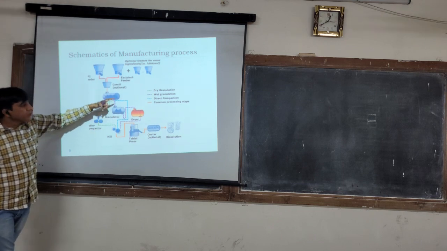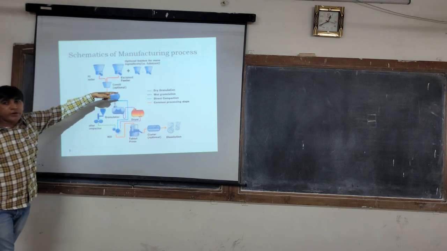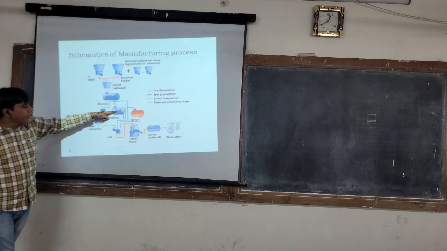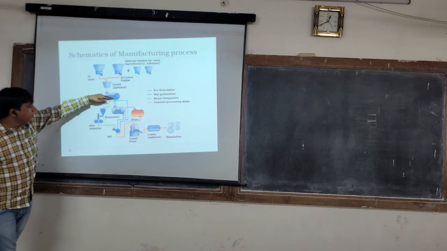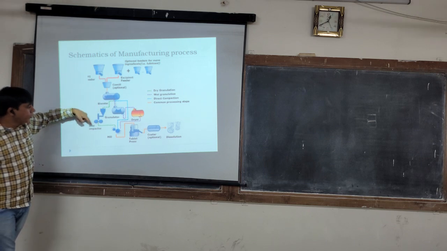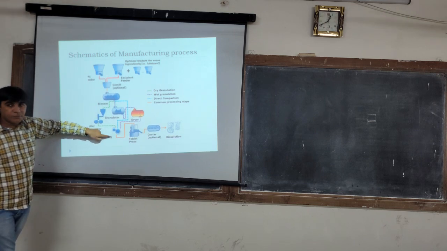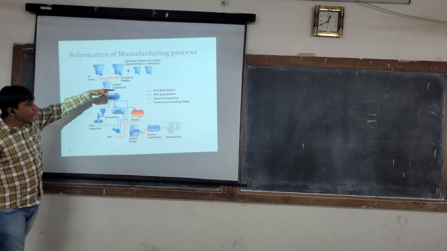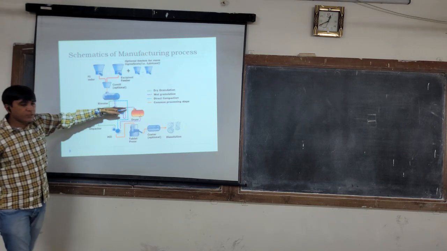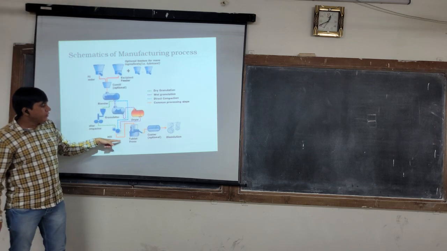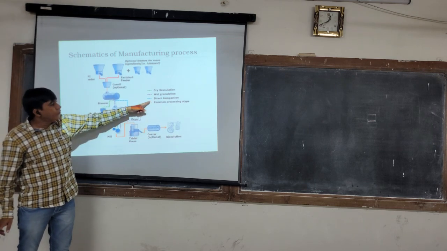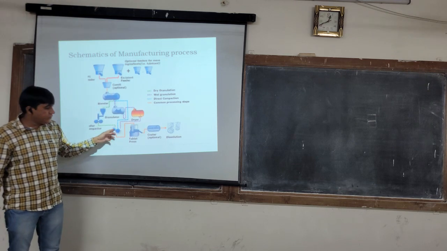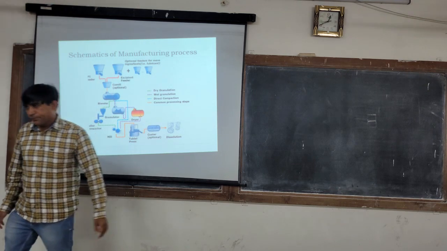If you are going for dry granulation, you can go for roller compaction and then milling and then compression. If we are going for wet granulation, we go for granulation, drying, milling, and compression. If we go for direct compression, we can switch from mixing directly to compression. The rest of the steps are common.